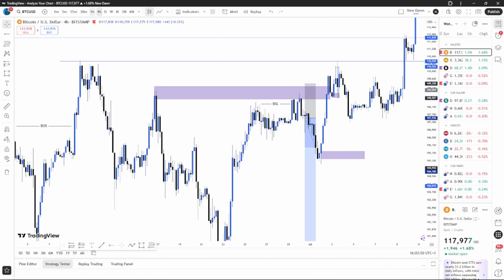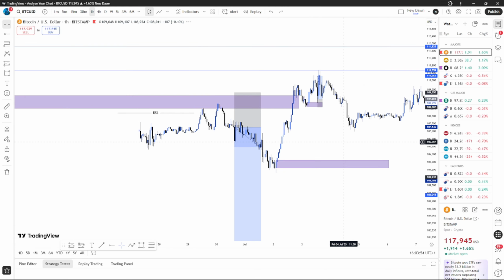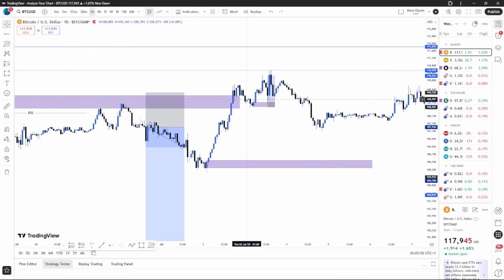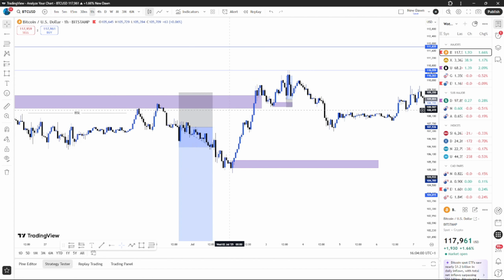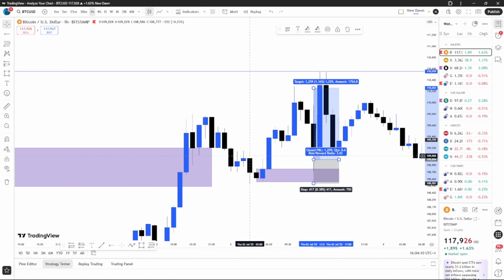So the next thing that we are going to do is go down to a lower time frame and see what structure looks like, right? So if price had retested this key level, all you needed to do is first wait for price to break structure to the upside. So on the 1 hour, what you want to do is see what structure is looking like, right?